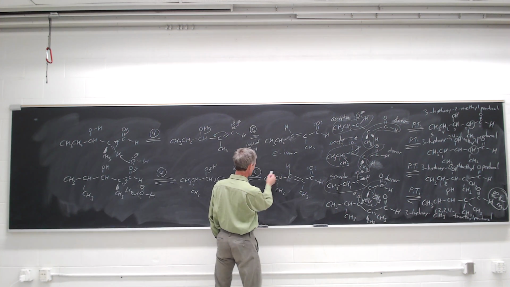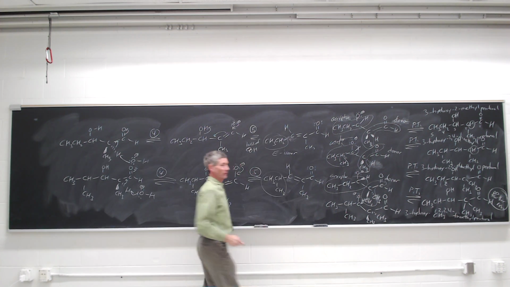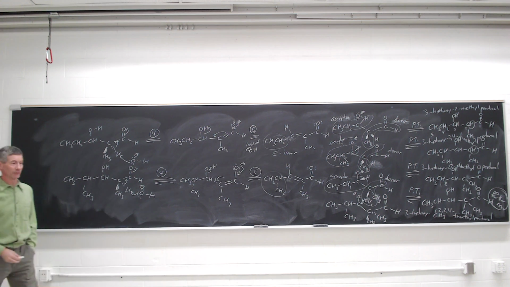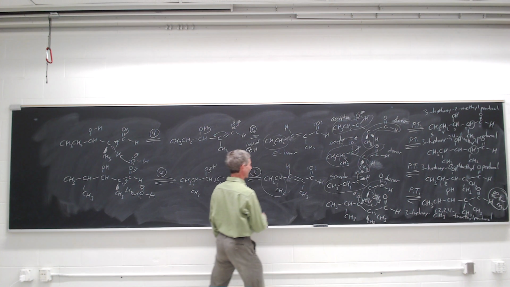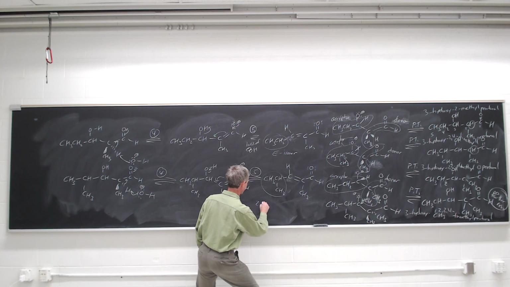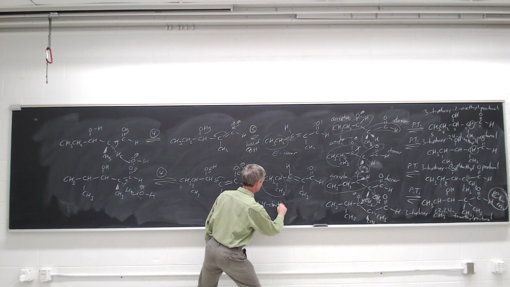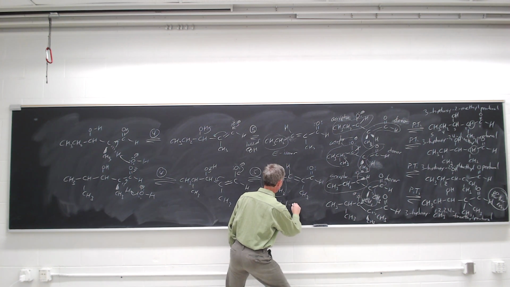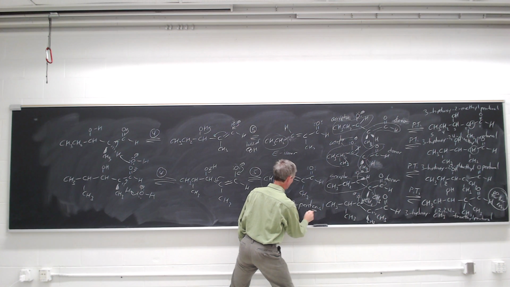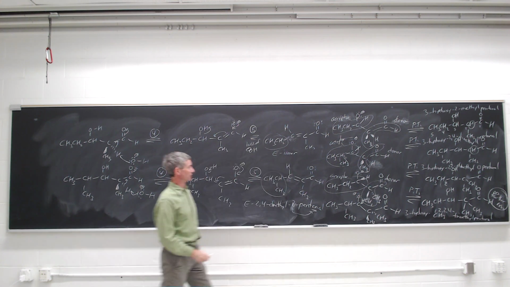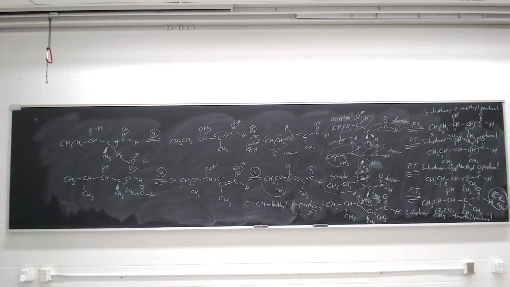These differ only in whether there's an ethyl group or an isopropyl group attached. This would be a pentanal, 2,4-dimethyl.